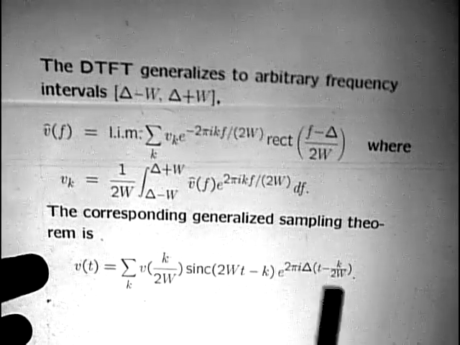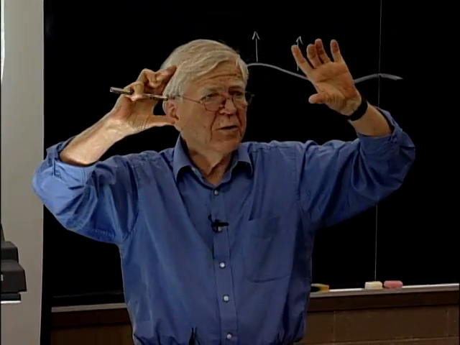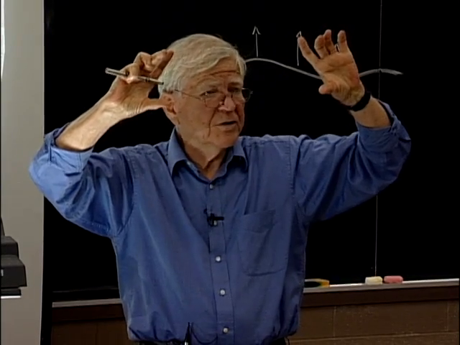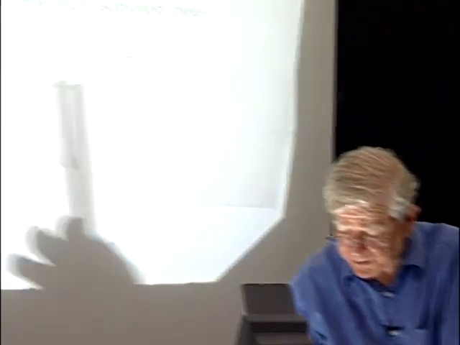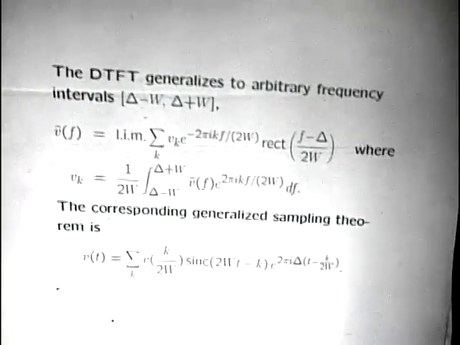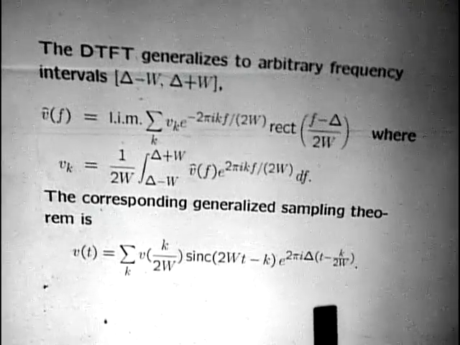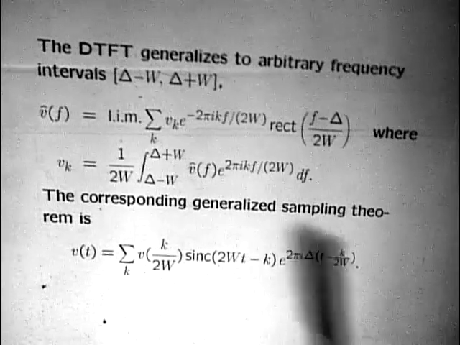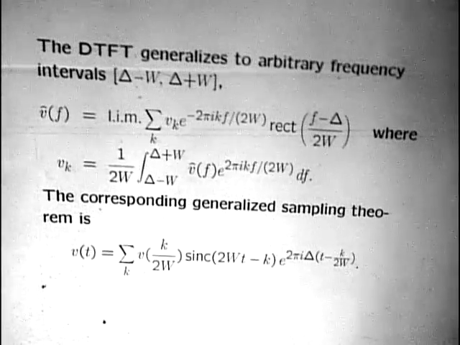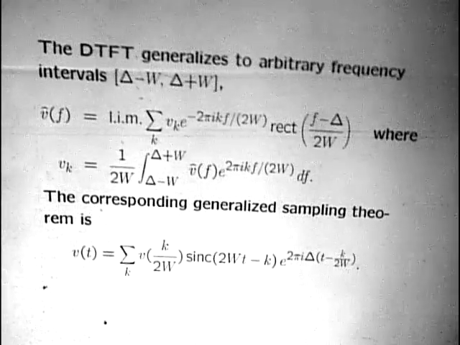And the only difference now is that we're expanding this given frequency band, not centered around 0, but centered around something else. The only difference in the sampling theorem is now we have this rotating term gyrating around up at this frequency k over 2W, and that's the only way in which this is different from the sampling theorem that we had before.